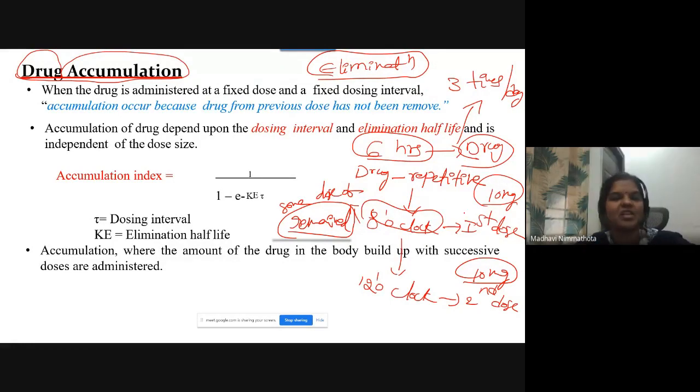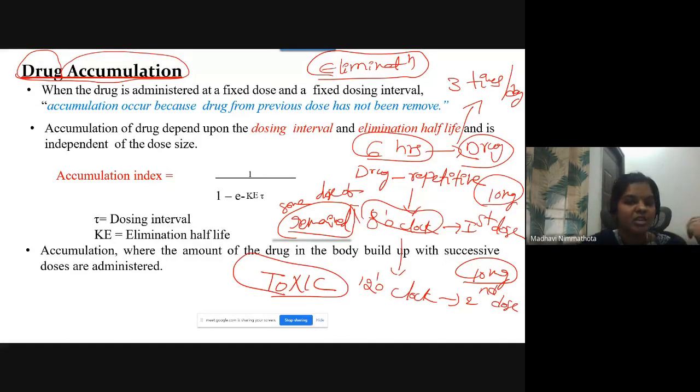So no doubt you can take the second dose. Here there is a chance to prevent drug accumulation. If you do not prevent this accumulation, there is a chance you may get toxic effects. That's why there is a need to remove your first dose of the drug.